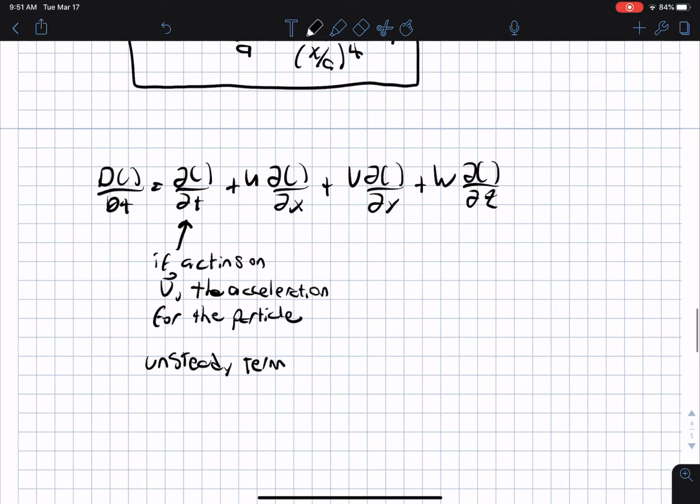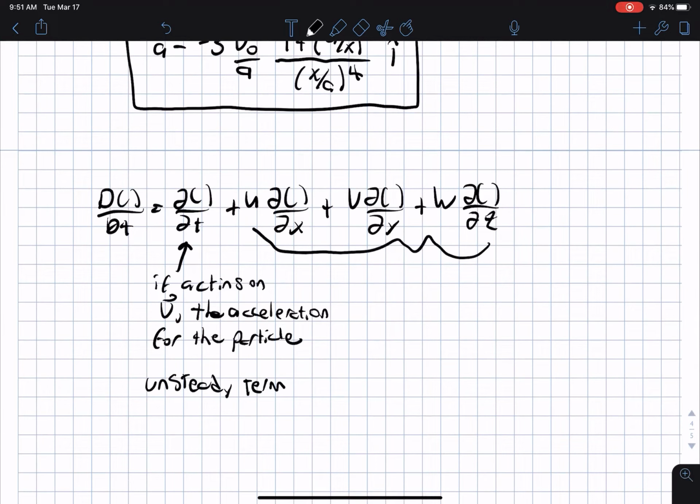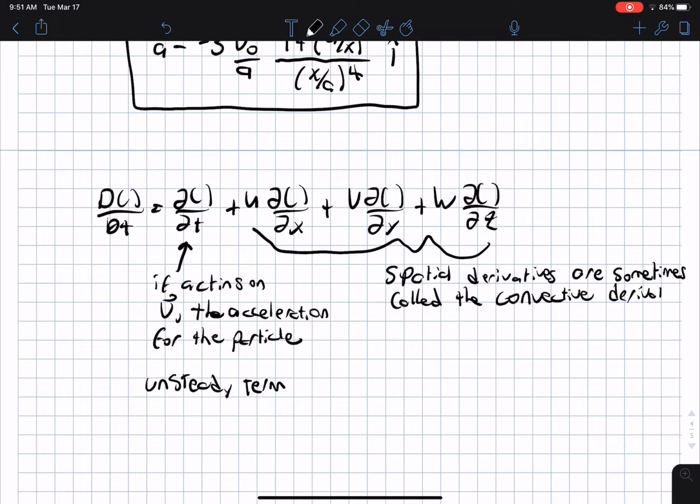Okay, and this group of terms here, the spatial derivatives, are sometimes called the convective derivative, because this accounts for the motion of the particle as it travels through a velocity field.